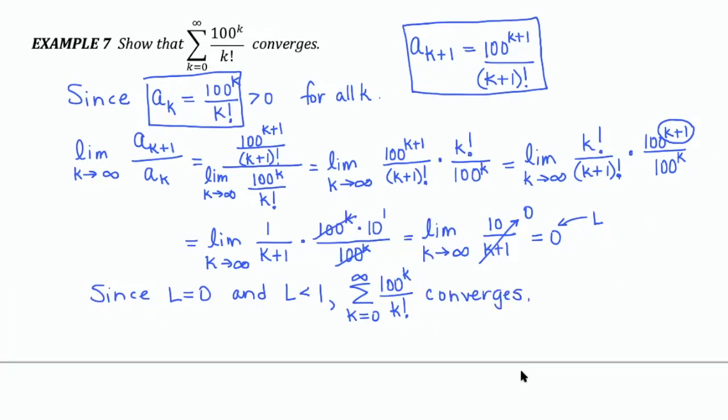And in this case, we're not asked what it converges to. So that's how you apply the ratio test. And you can see why those two facts that we started with are particularly helpful.